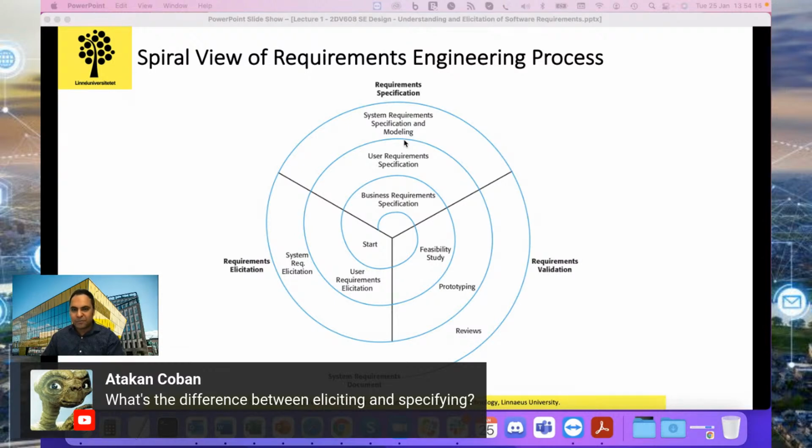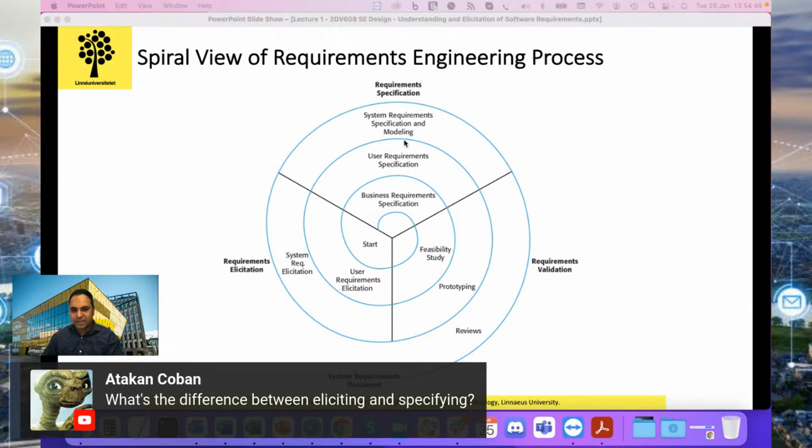But when you are specifying requirements, you are basically identifying those problems and fixing them. There are many techniques for specifying requirements, like mathematically, graphically, or even using natural language. So when you are specifying your requirements, you are eliminating those problems that are in the requirements elicitation.